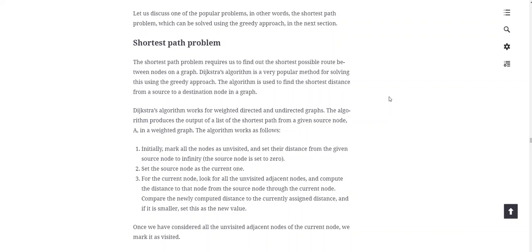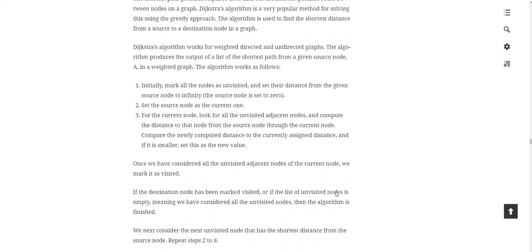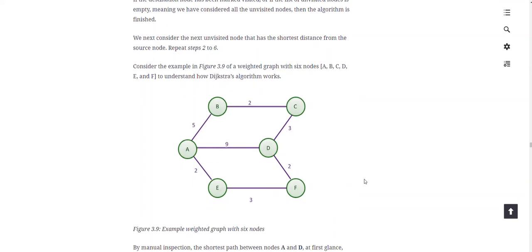Closest, visited. Next one closest, visited. So I go through step by step by step until they've all been visited. It went through and determined which ones I needed to go to first.